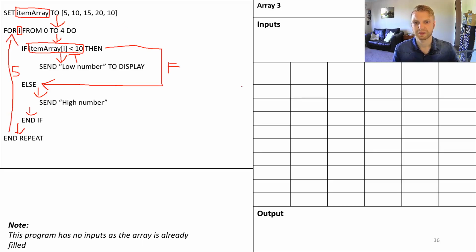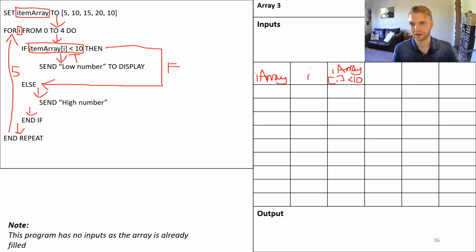So item array, we'll just call it I array. I, and this will be I array square brackets I less than 10.